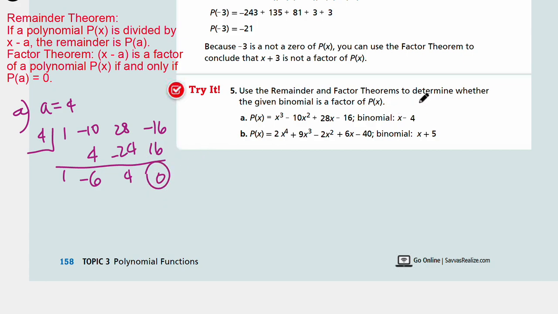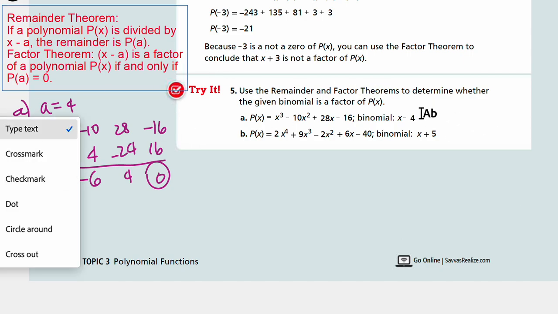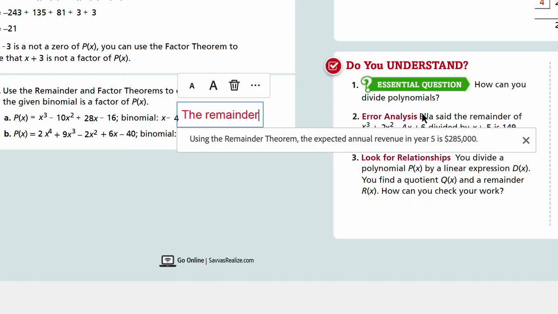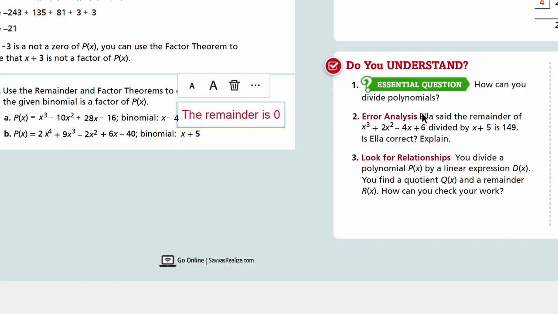So yes, it's a factor because the remainder is 0. So x minus 4 is a factor of p of x. Okay, so this is for part A.